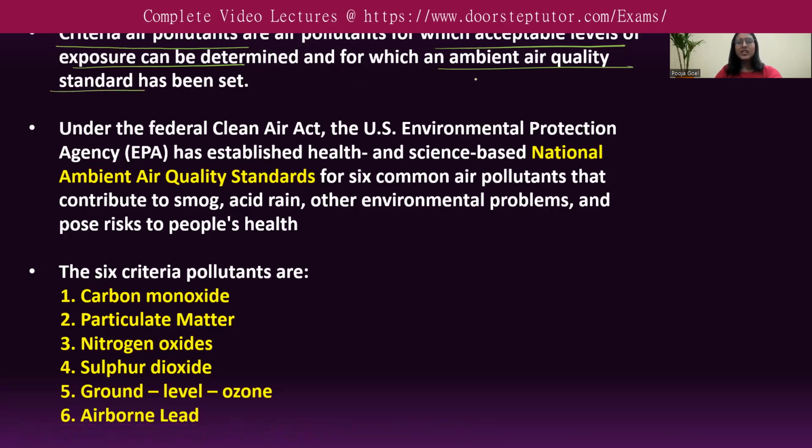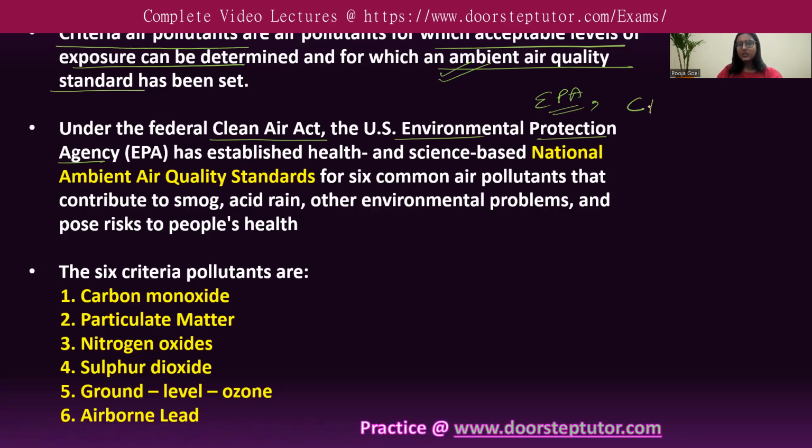Now the body which has set these ambient air quality standards is the Clean Air Act under EPA, that is the Environment Protection Agency, USA. So the Environment Protection Agency of USA has categorized 6 common criteria pollutants which actually set the ambient air quality standards, and all these criteria pollutants have been set under the Clean Air Act 1970.